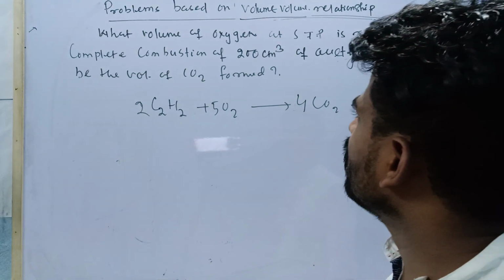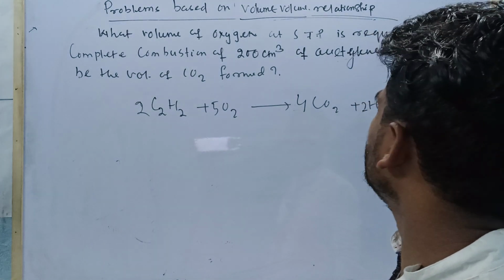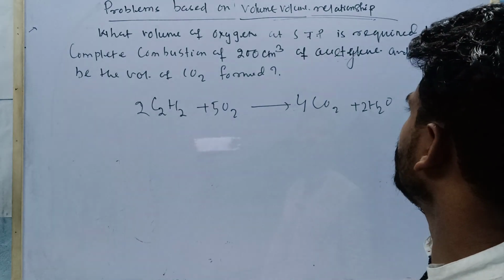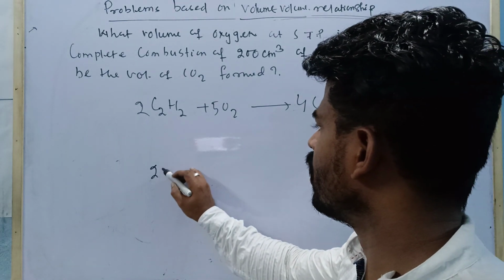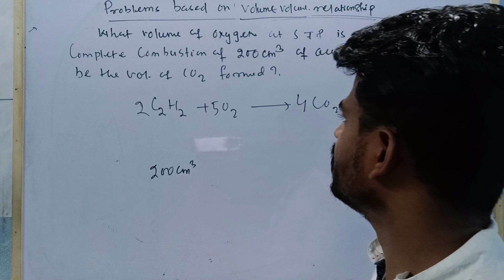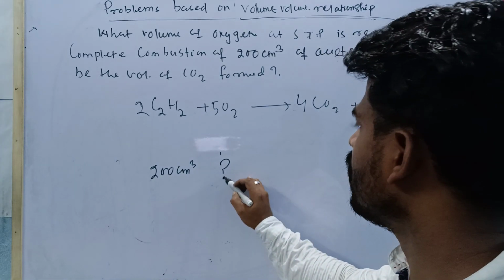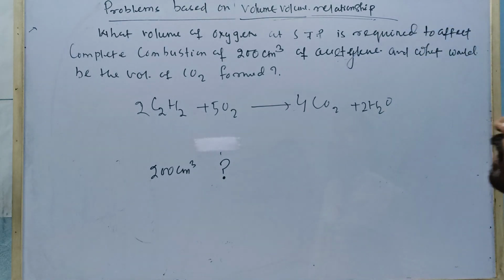So you have to calculate what volume of oxygen at STP is required for complete combustion of 200 centimeter cube of acetylene, and what would be the volume of CO2 formed.